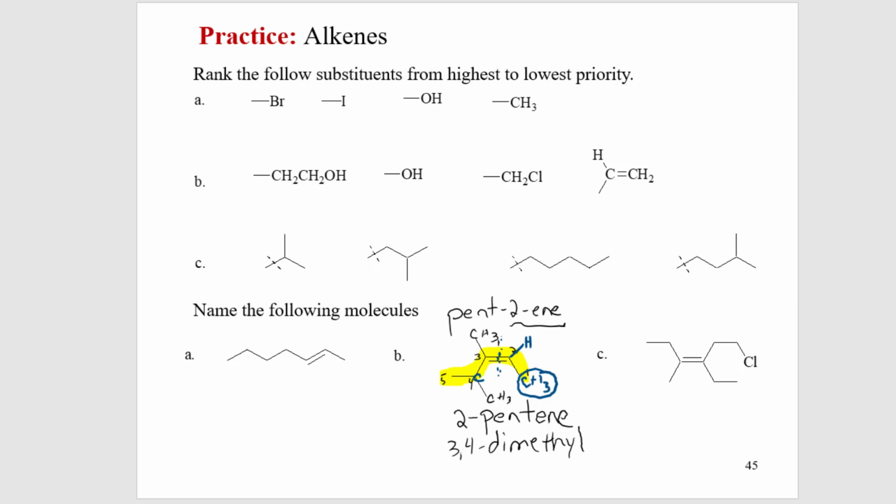Well, the carbon on the bottom has 2 carbons off of it, and the carbon at the top just has hydrogens. So that's my stronger player, and they're on the same side. So I'm going to put a Z in front of this. So it's Z-3,4-dimethyl-2-pentene, or Z-3,4-dimethylpent-2-ene. Either way, I'll leave the remainder for you to do.